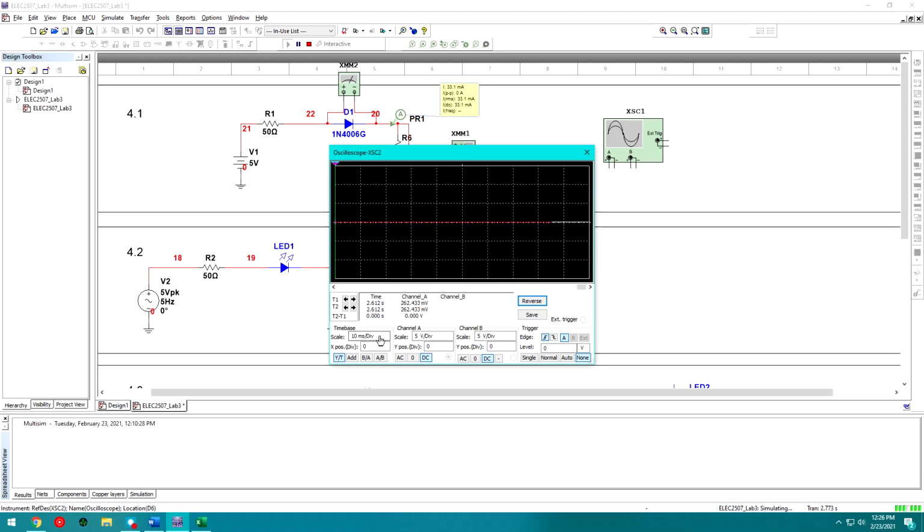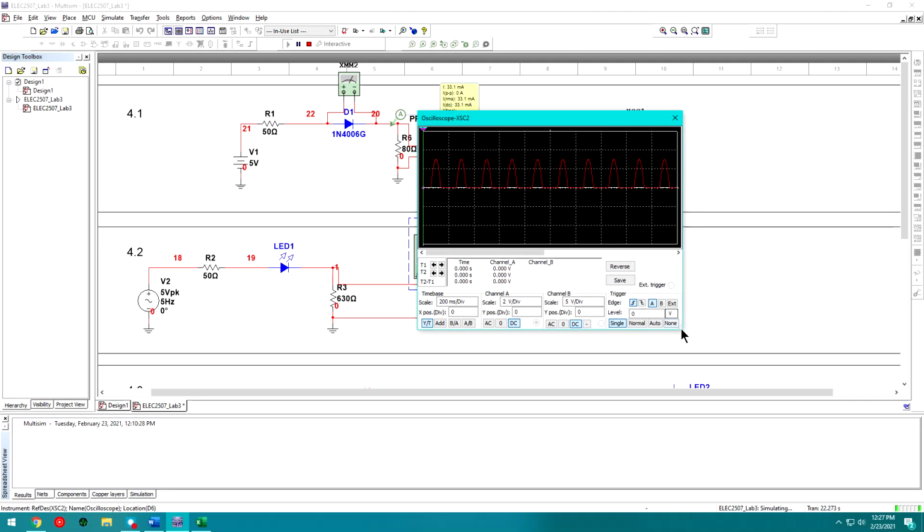We can open it up, change this to 100 milliseconds like it asks us to. 100 or even 200 is good too. And then change the scale of the channel, so we can make the waveform slightly bigger. That'll just help us view it. And then hit single. And then we should get a nice looking waveform on the screen like that.